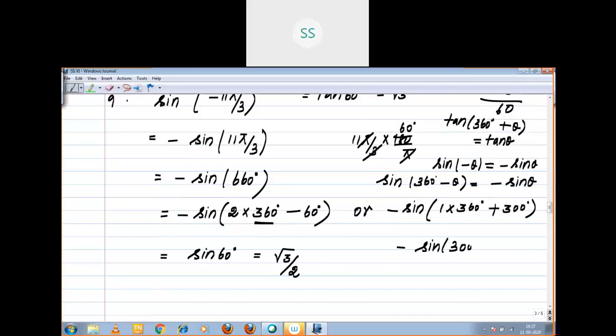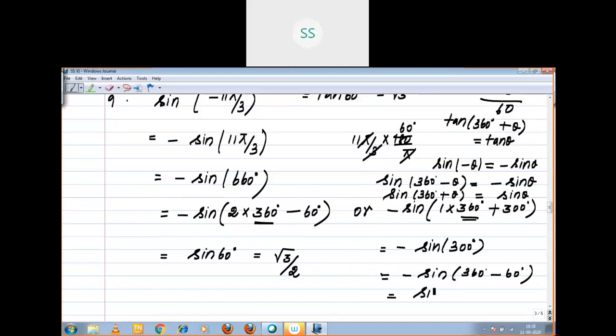If you adapt this, here also you will arrive at the same result that I arrived at here. Sine 300 degree, because sine of 360 plus theta equals sine theta, first quadrant. Then how can you write? Minus sine of 360 minus 60.